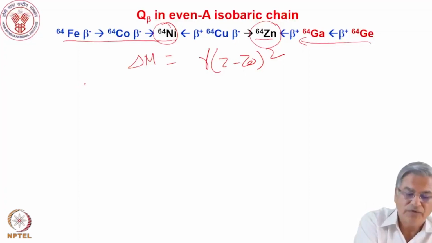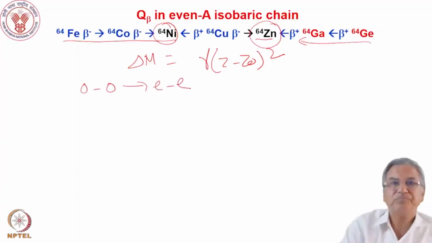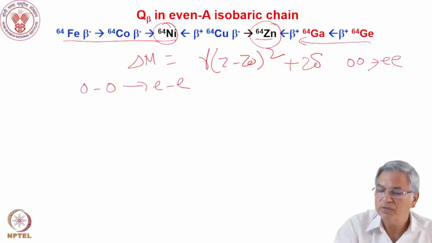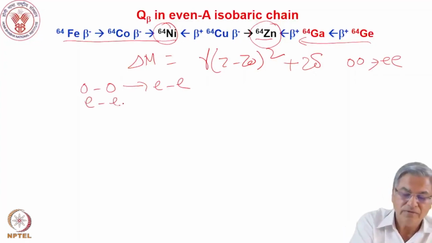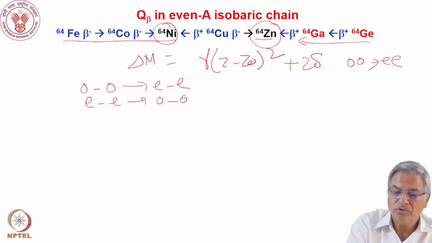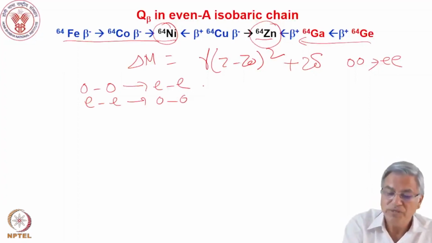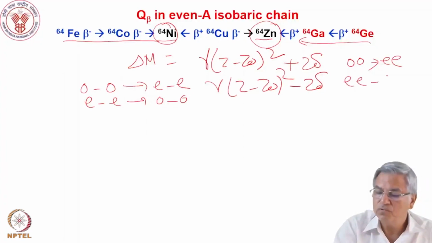That is, you can have odd nucleus to even nucleus, and if this happens, then there will be a term 2 delta for odd to even beta decay, and it can have even to odd, then there the term will be minus delta, so it will be gamma Z minus Z0 square minus 2 delta for even to odd.